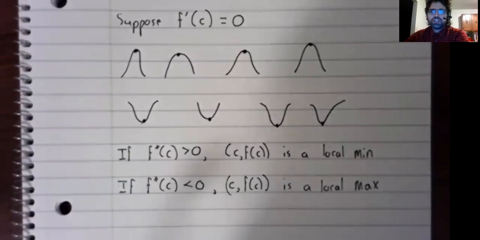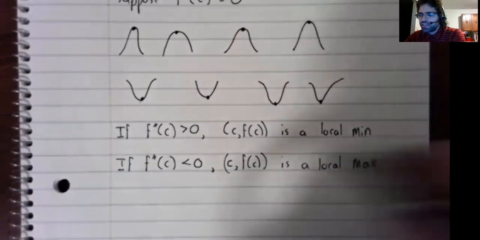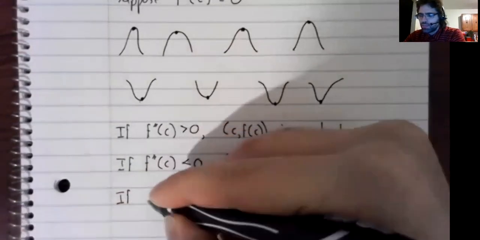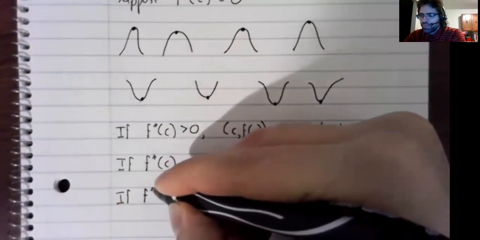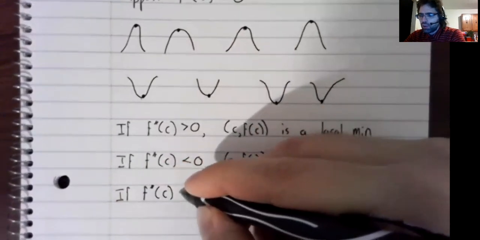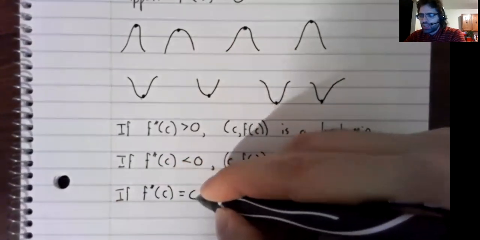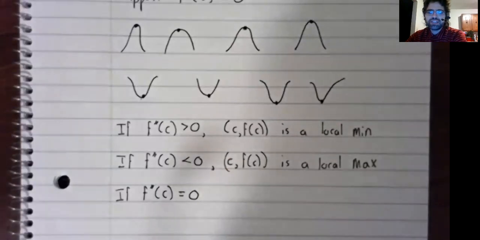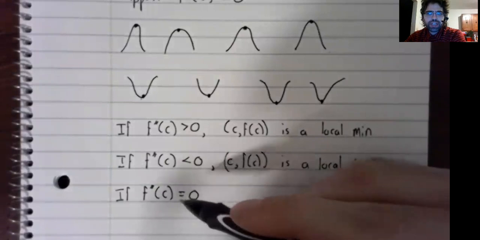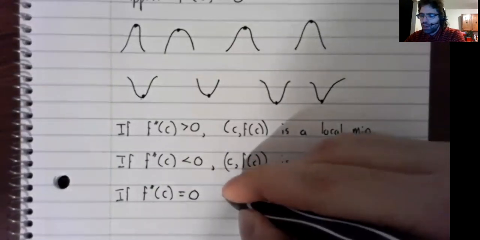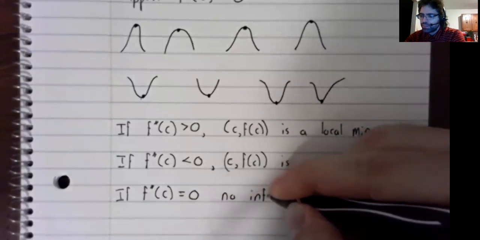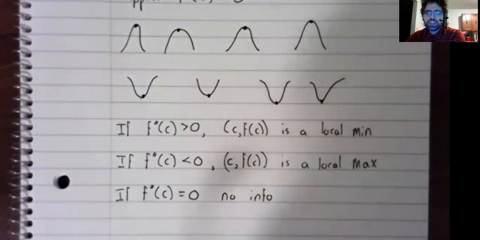However, the second derivative test has limitations. It can fail. And that's not something the first derivative test can do. If the second derivative equals 0, we get no information.